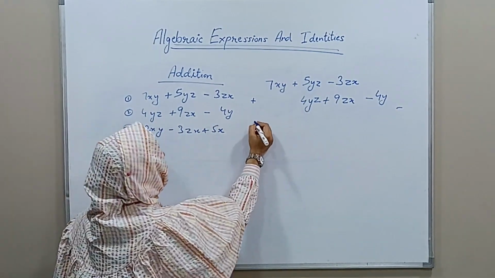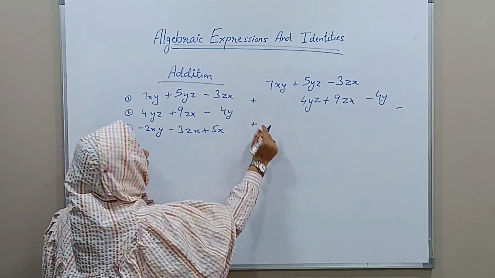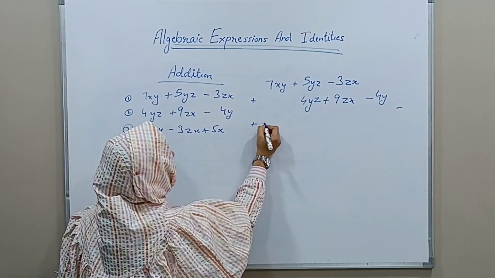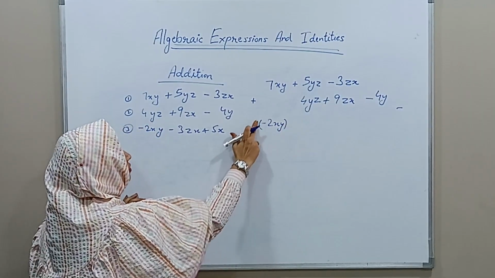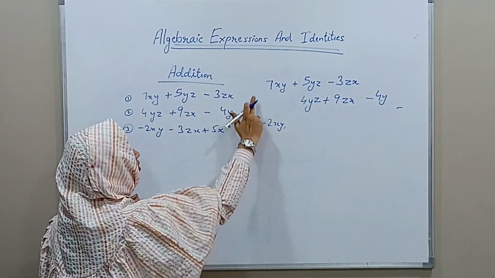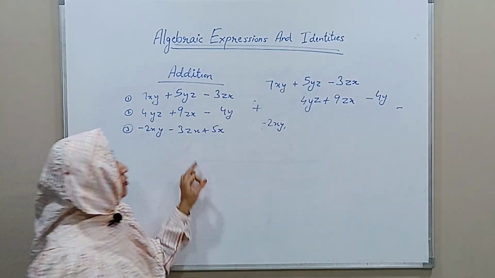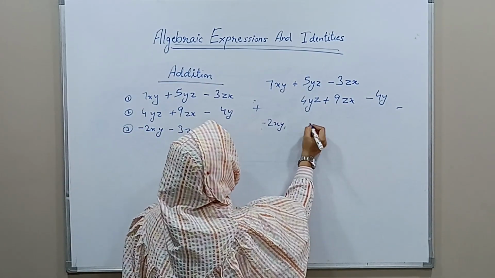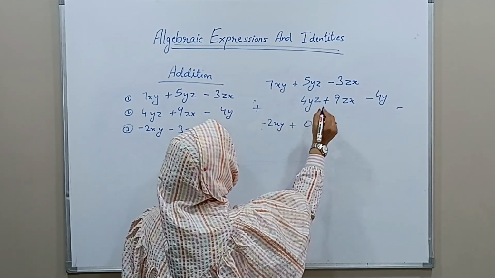Then the third term, so plus minus 2xy. Here we will have minus 2xy. Let us not write plus here, since this plus is common to all. Minus 3zx. Here we do not have any variable for this, so you can either write 0 or keep it as it is.